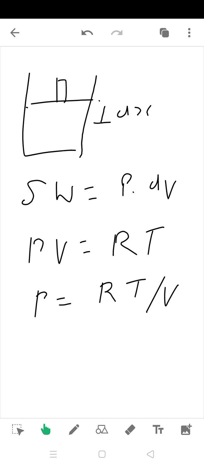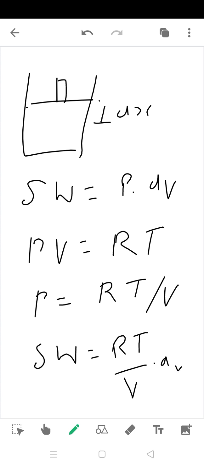Then the small work done will be RT by V into dV. This is a small work done when we compress the gas by distance dx such that there is a change in volume by dV.